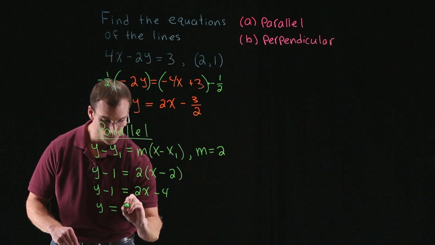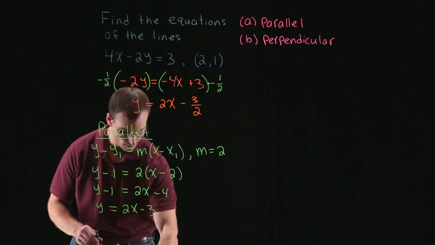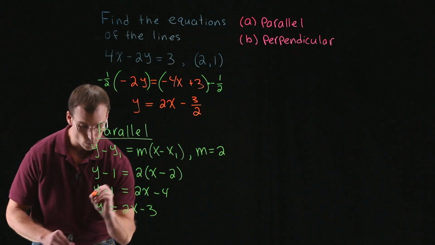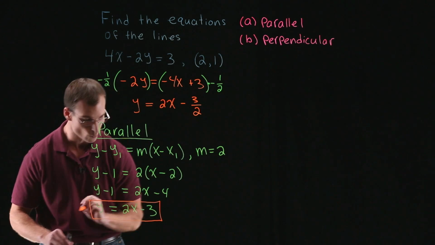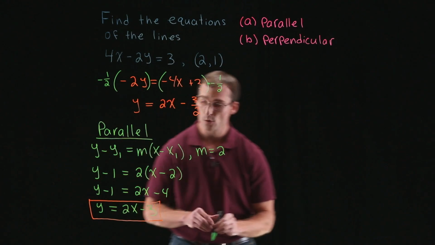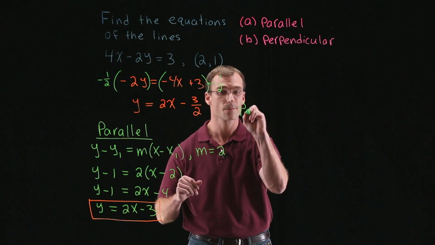So y is equal to 2x minus 3. So there's the equation of a line that's parallel to our given one and goes through the point (2, 1). And so we have a parallel line, and we also want to find one that's perpendicular.